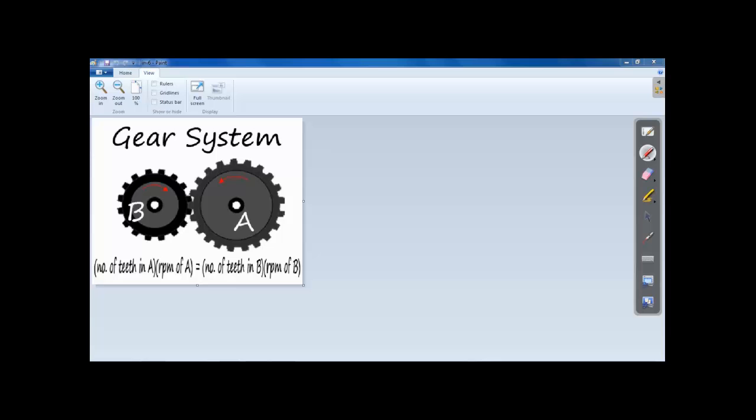Here also, we can apply the inverse variation. So, number of teeth in A times the RPM of A is equal to number of teeth in B times the RPM of B. Let us see an example of this application.